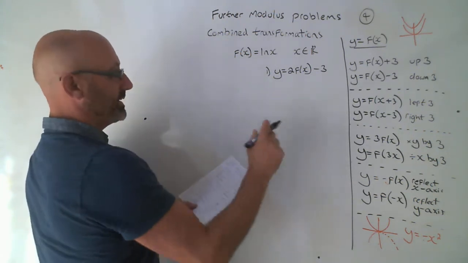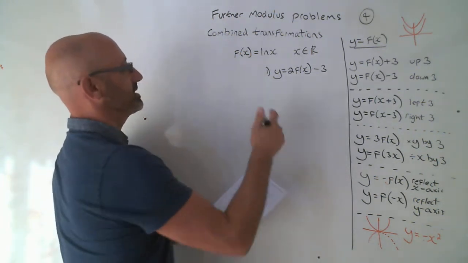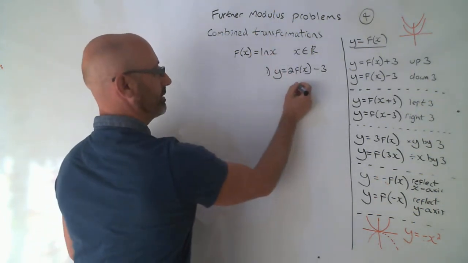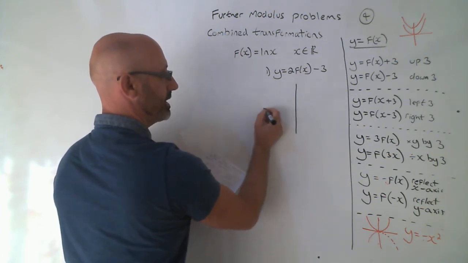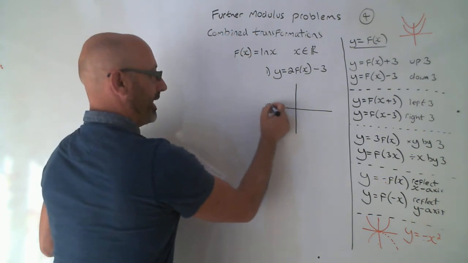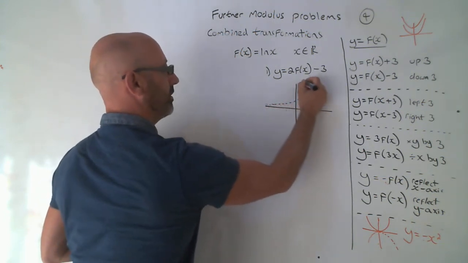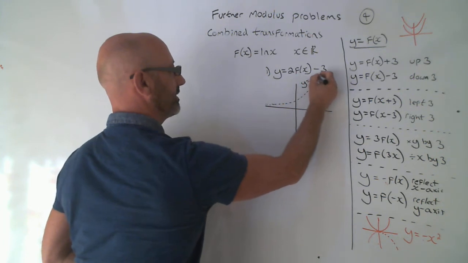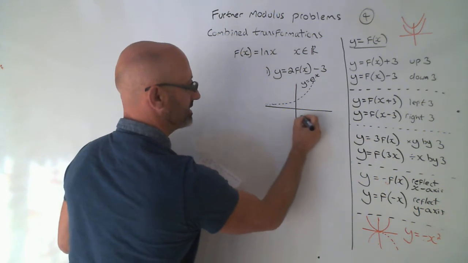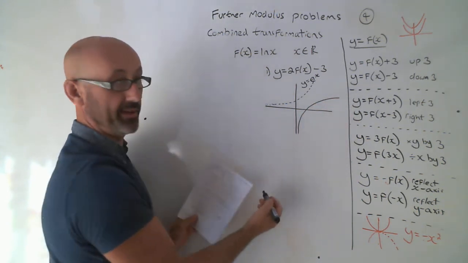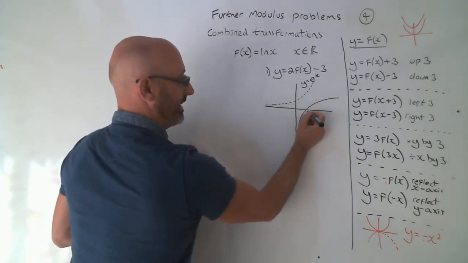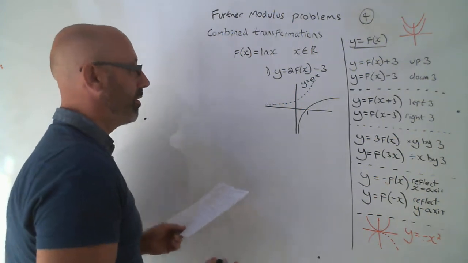When I'm doing these combined transformations, I always start off by drawing ln x. You should know that this one there is y equals e to the x, and y equals ln x is the inverse of it, a reflection in the line y equals x, and that point there must equal 1.